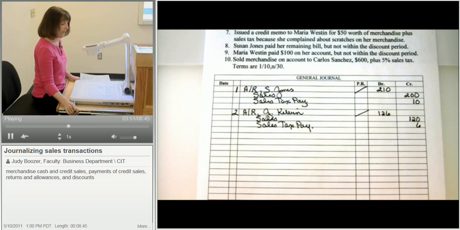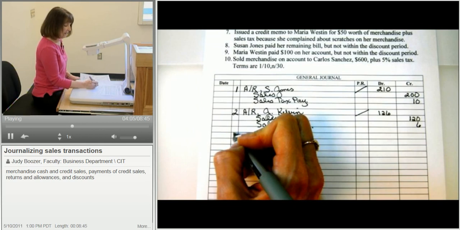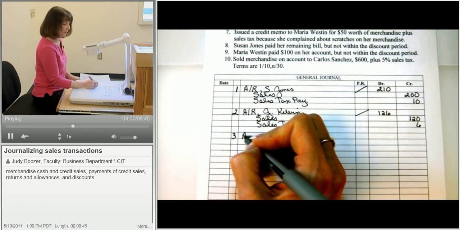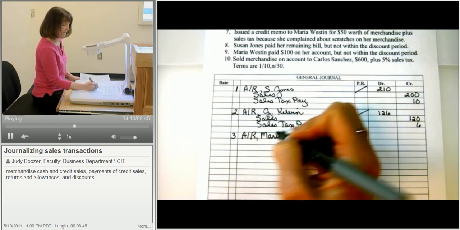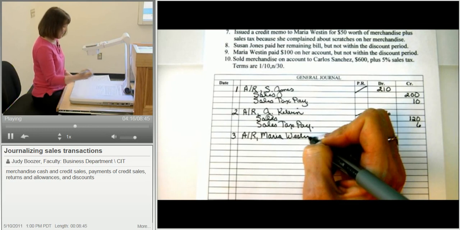Third one, again, sold merchandise on account to Maria Weston, $230 plus 5% sales tax. Terms are $110 net $30. Good. Accounts receivable, Maria Weston. And the full amount's going to be how much?